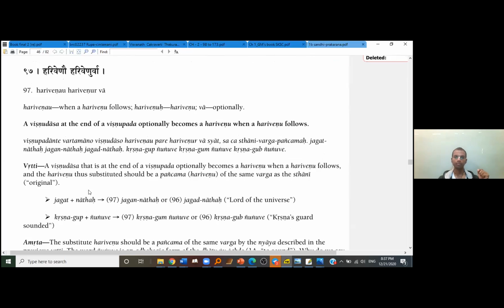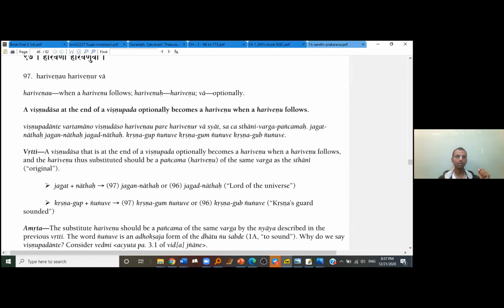For example, if we have the word Jagat and the word Natha, so Jagat in itself is a viṣṇu-pada. And we have viṣṇu-dāso at the end.